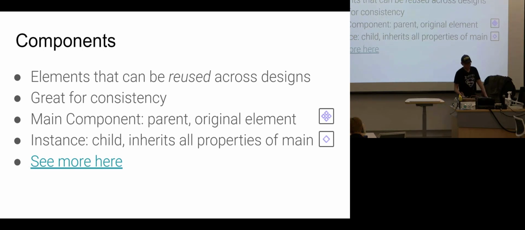Once you have created a component, there will be a parent component, and it's going to look like the symbol on the right corner here, with 4 diamond-shaped things stacked together. And it's going to have an instance, or child component, that inherits all of the properties of the parent component, which is pretty cool. I like making analogies, so you can think of this as any kind of inheritance you have learned in any programming language, right?